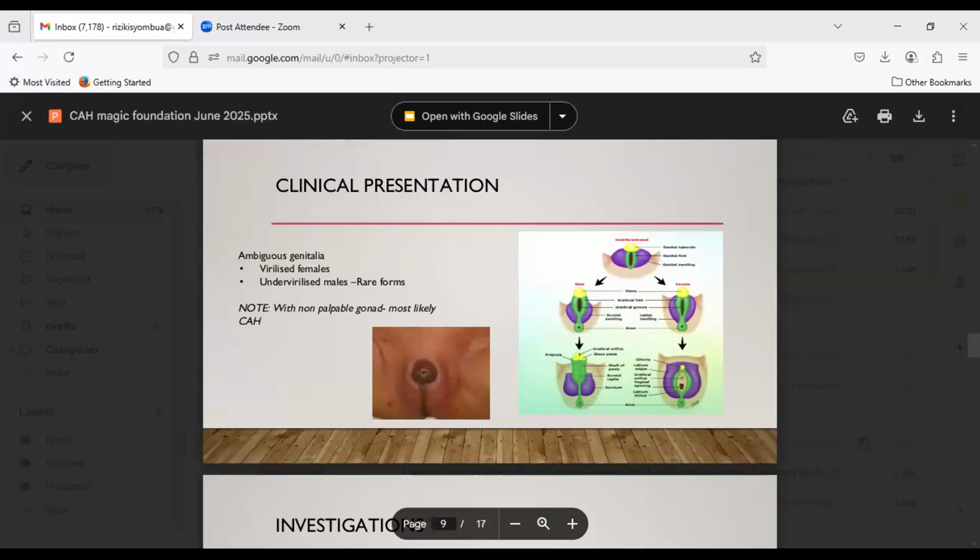So whenever you get a child with ambiguous genitalia, like the one shown on this diagram, if you palpate what would look like labia or hypoplastic scrotum, and you don't palpate any gonad there, most likely you'll be dealing with CAH.